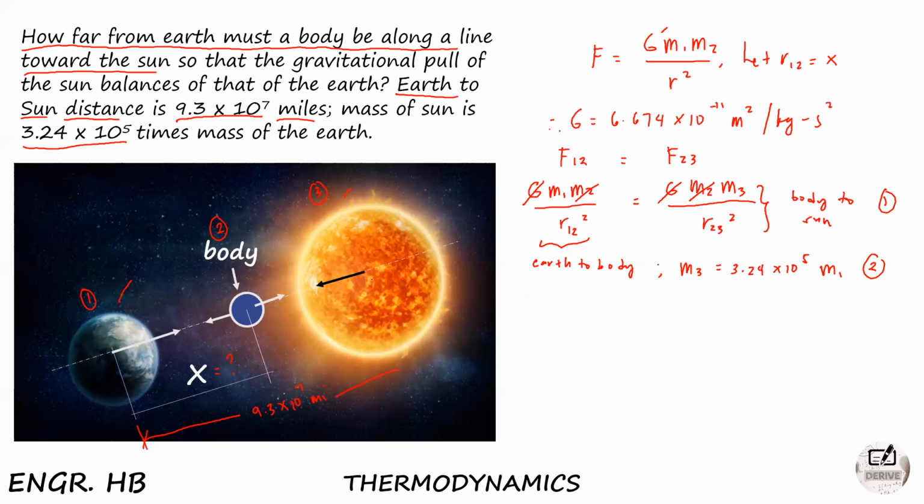Ayan. Kunyari, ayan yung gitna, kasi center to center distance dapat yan. So, ibig sabihin, yung distance naman, kung si X is from Earth to body, ito naman is 9.3 times 10 raised to 7 minus X. So, that will be the distance from body to Sun.